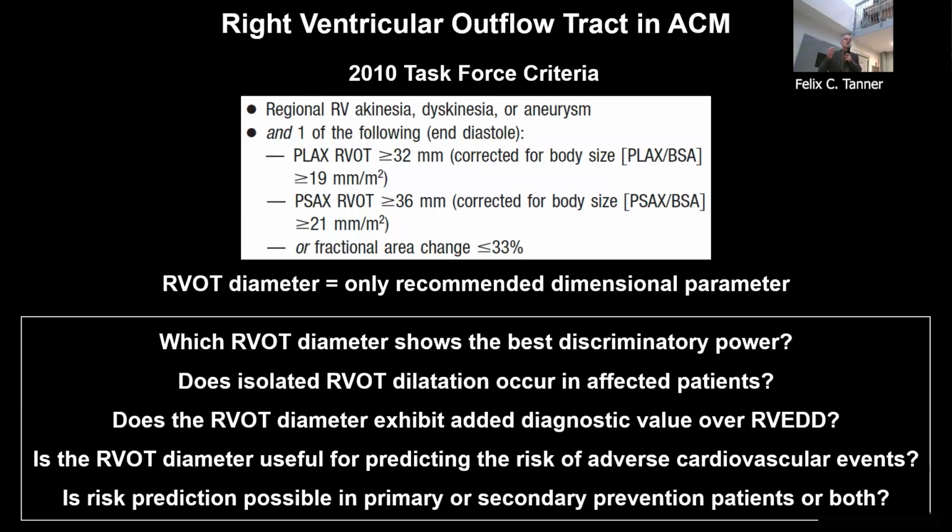So when I wrote as a co-author together with Barbara this chapter on the echo in ARVC, I started to read a lot, and I realized that there are many holes in our knowledge. And when I started to read about the RVOT diameter, which is one of these criteria here, it is in principle the only dimensional criterion which is in these recommendations, then I realized there are too many open questions.